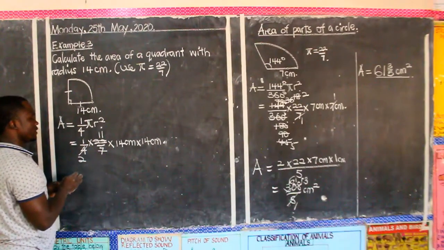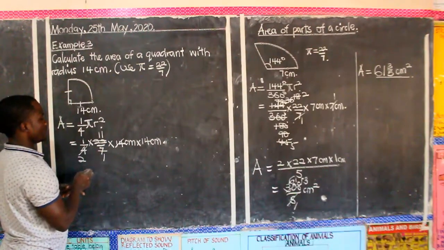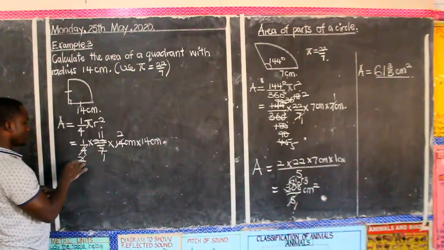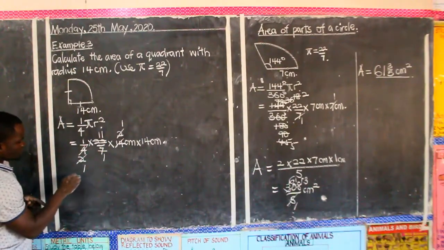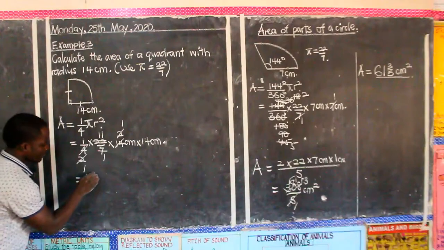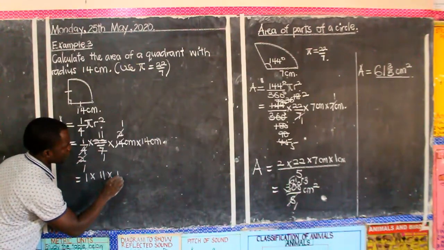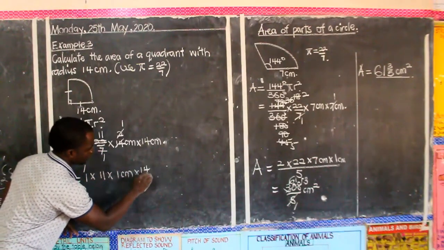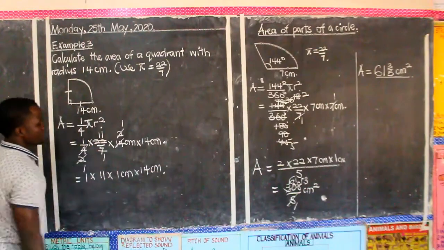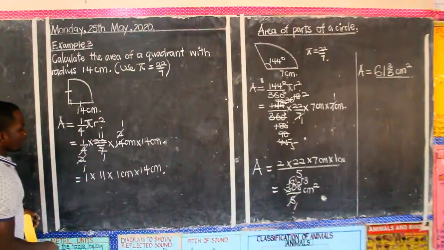By 7, once, by 7, 2. By 2, once, by 2, once. So we shall have here 1 times 11 times 1 centimeter times 14 centimeters.